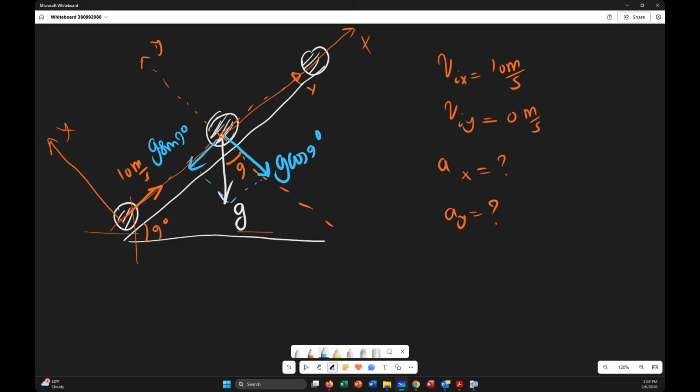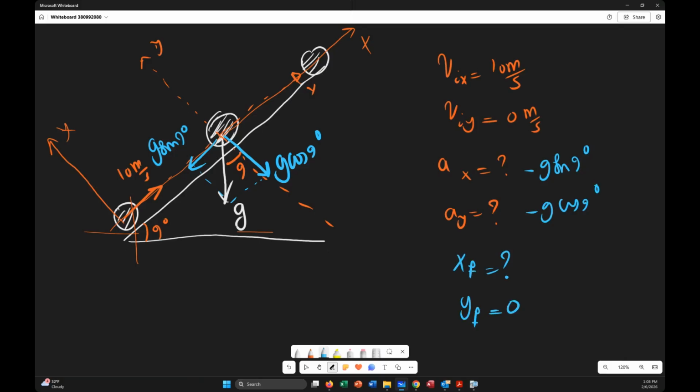What is the ax then? Negative g sine 9 degrees. What is the ay? Negative g cosine 9 degrees. Good. So what is the xf position? We don't know. What is the yf position? Is it still 0? Yes.